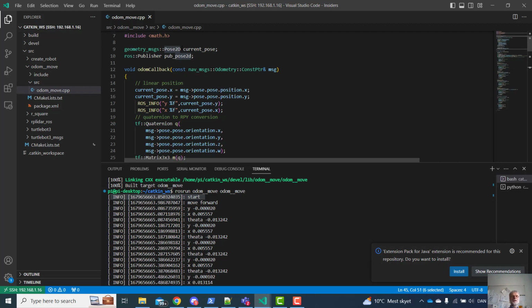You can see the current pose here is of that type, Pose2D. So we get it converted to the current position, if we can say so.